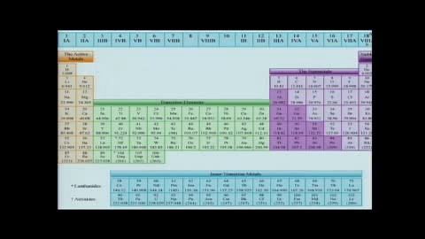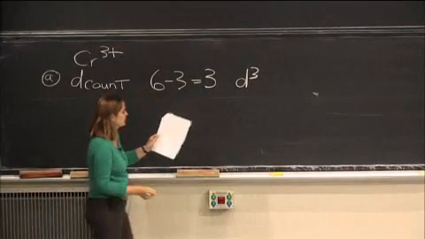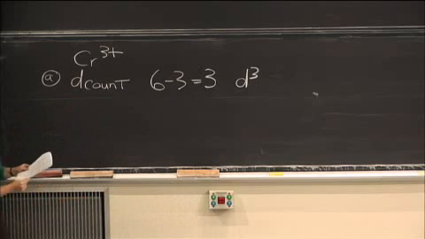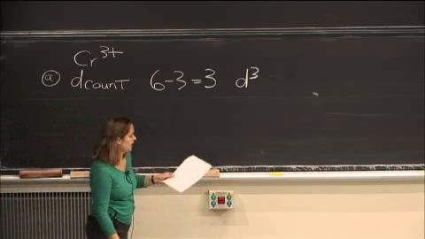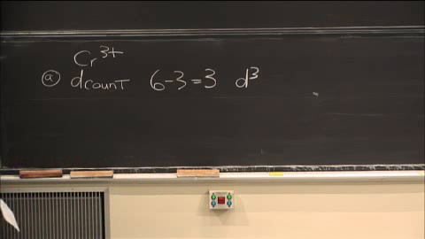So what is the d count? 3. So we have 6 minus 3, 3, a d3 system. And now, why don't you tell me how you would fill in those 3 electrons in a tetrahedral case? I have a clicker question there.